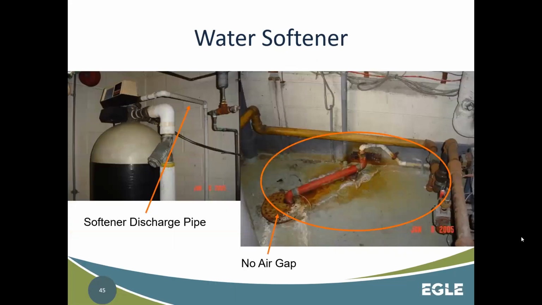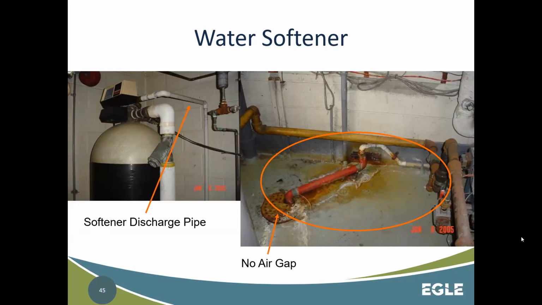Again, with water softeners, in this case, what your issues are potentially going to be is the waste lines for when they discharge. In this example, there was not an air gap being provided, so it's possible for it to actually siphon things back up through that waste line.